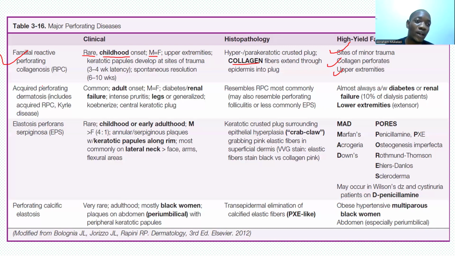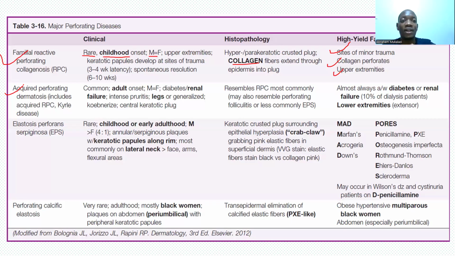When you go to the acquired perforating dermatoses, remember I told you that the acquired ones are now grouped together. It is a cocktail, because at first they used to call it acquired perforating collagenosis, but now they discovered that even elastin fibers are part of the cocktail being eliminated.